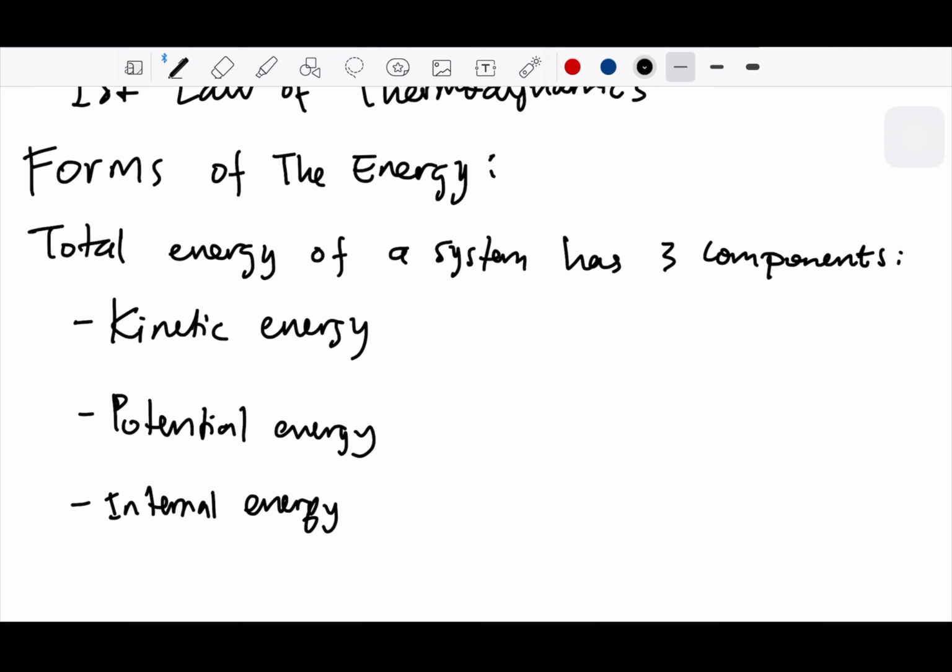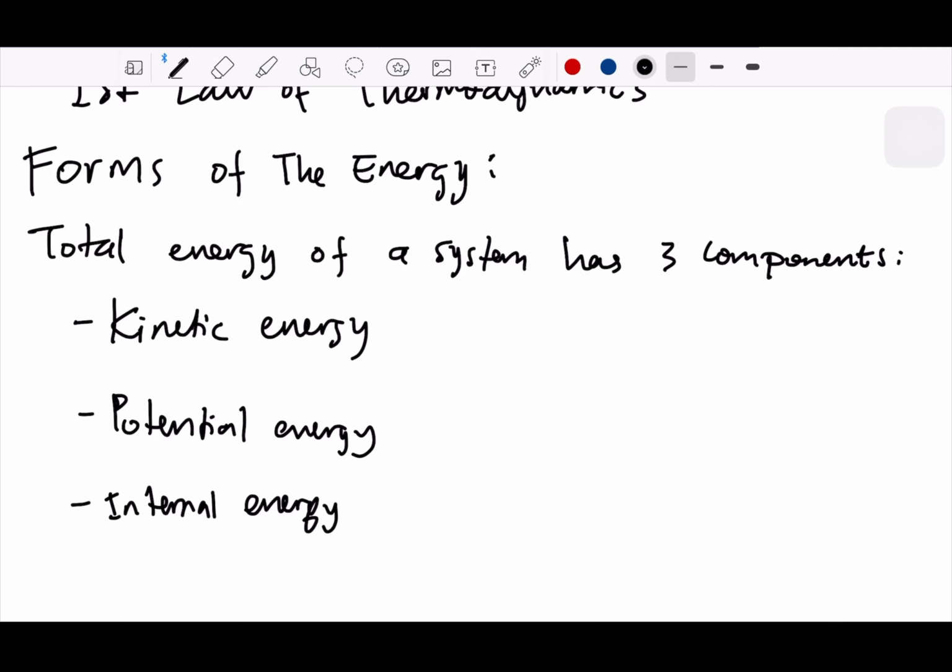Every system is made up of matter, and they're in constant motion, so the sum of the collective molecular energy. Yes, because they're made up of molecular species, the sum of the energy of these molecular species is equal to the internal energy. Okay, good. So kinetic, potential, internal.